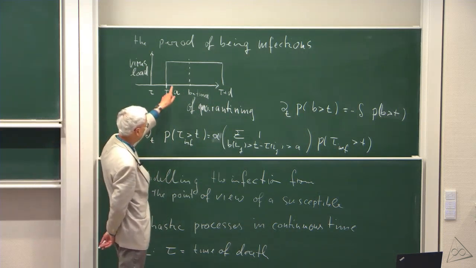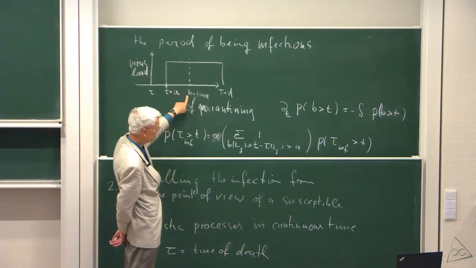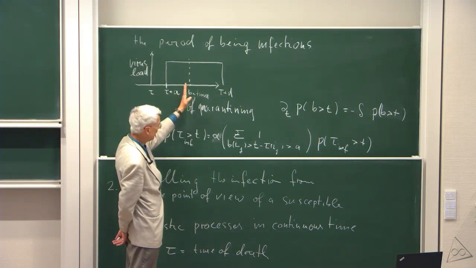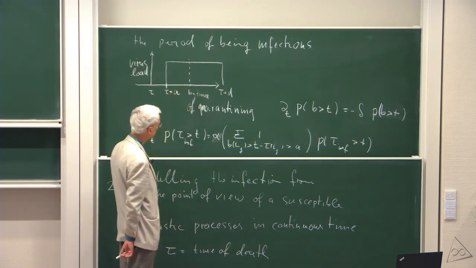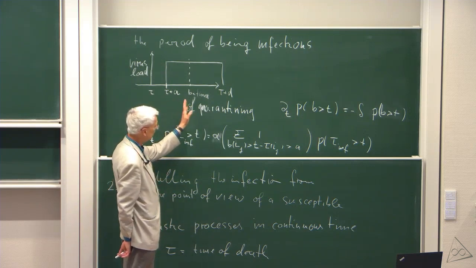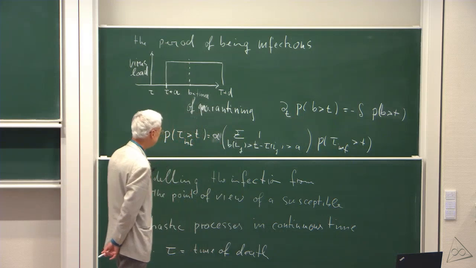On top of this, you have a random time, again a time which you do not predict, when you are discovered to be an infectious individual, and then you are removed. So you are put under quarantine.